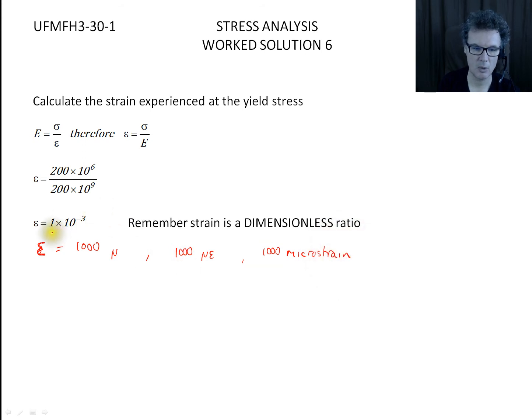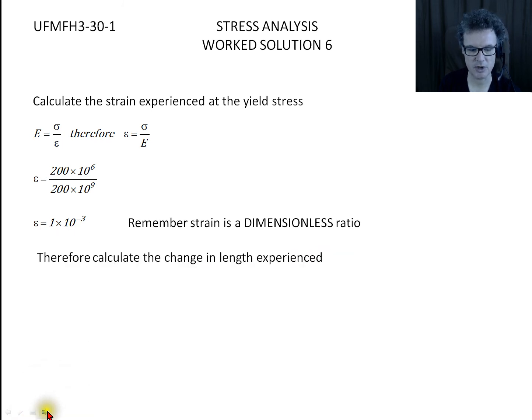Okay, so 1 times 10 to the minus 3 could mean this. So you could have a question looking a bit like that, where the mu is representing 1 times 10 to the minus 6, or emphasizing the fact that I'm working in micro strain, using symbols or using words. So all these things are the same value.